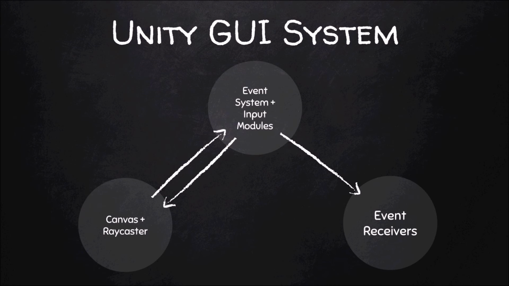So for example, if I have clicked on a button, the event system will then fire the on click event attached to that button. So the event system basically distributes these events to the particular GUI elements, so that if someone is listening to the events for those GUI elements, they will be notified that that event has happened.